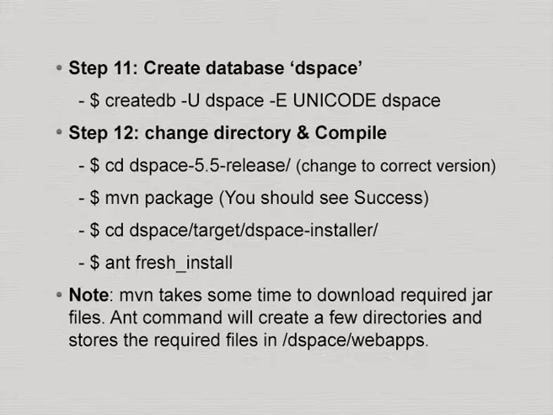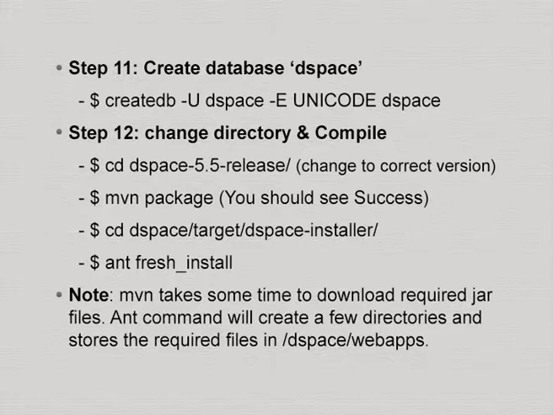The next step is creating a database called dspace. In the earlier step, you created only the dspace user. Now, let that user create a database called dspace. So, you log in as dspace, then you give the command createdb, that is, you want to create a database with the owner as dspace, and it is Unicode enabled, so that PostgreSQL will allow Unicode.